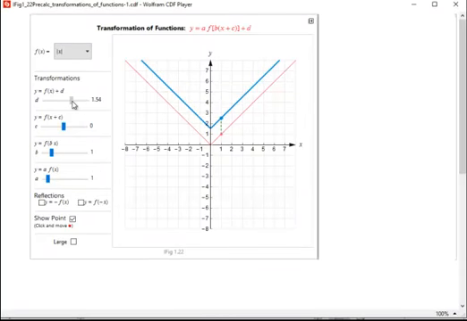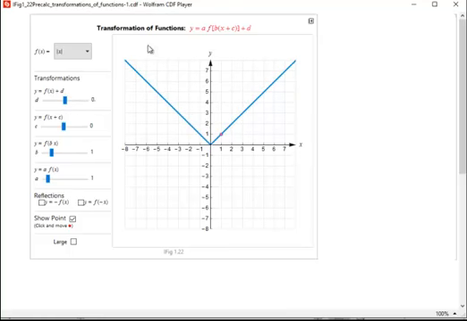I'm going to put this back at 0, if I can get it back there really close to 0. Oh, there it was. Almost got it. Okay, there's 0. We'll stay with the absolute value on this point right here. Let's go ahead and see what c does. Now notice c is inside the function itself.